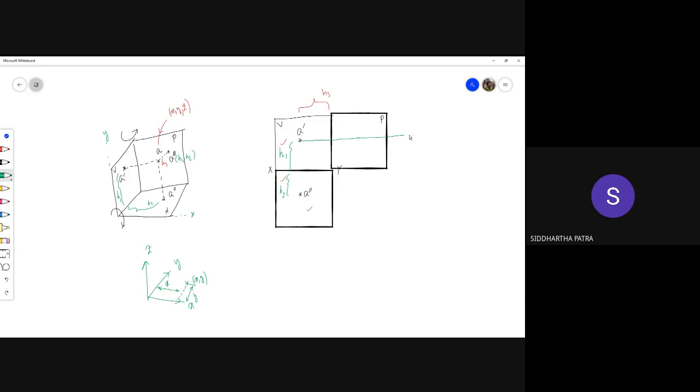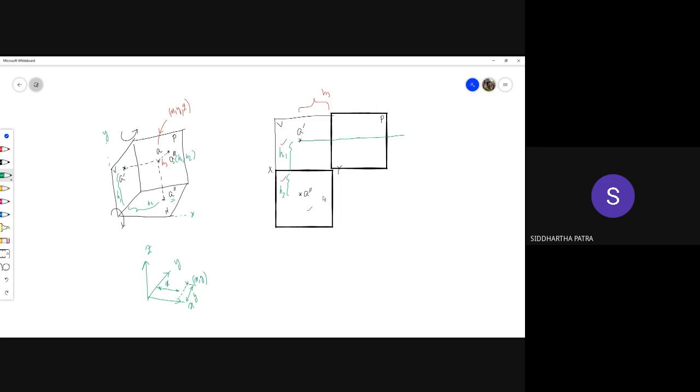Once you move on to the profile plane, the distance from the horizontal plane, h1, remains the same. Also, the distance from the vertical plane of the point A double prime and A triple prime are the same, which is h2.